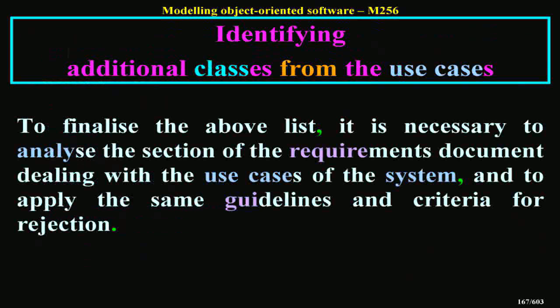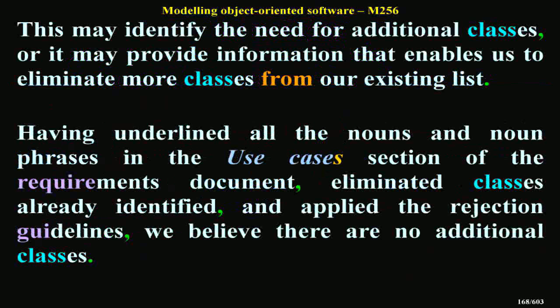Identifying additional classes from the use cases. To finalize the above list, it is necessary to analyze a section of the requirements document dealing with the use cases of the system, and to apply the same guidelines and criteria for rejection. This may identify the need for additional classes, or it may provide information that enables us to eliminate more classes from our existing list.